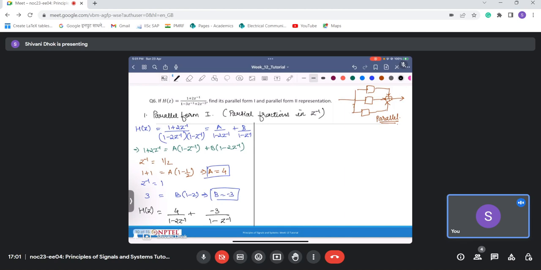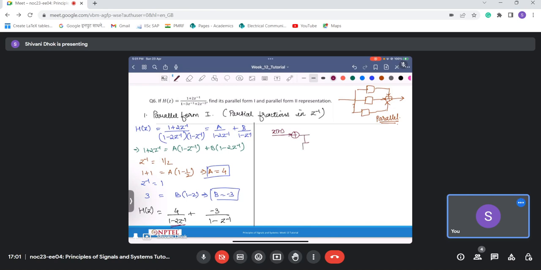So this is my H1(z) and this is my H2(z), and these two are to be added. That is, I'll connect those in parallel and add them. So now let us first construct this one, that is 4 upon 1 minus 2z inverse, using again direct form 1. Let's say this is x(n), this gets added.